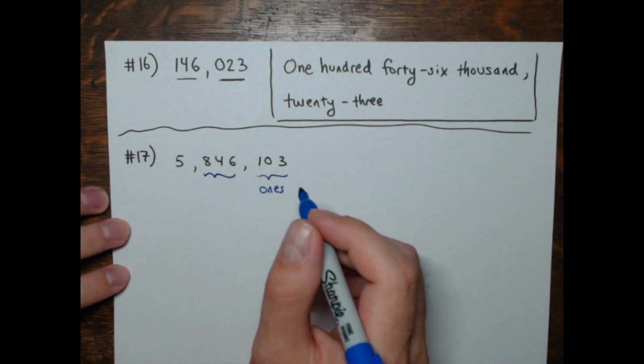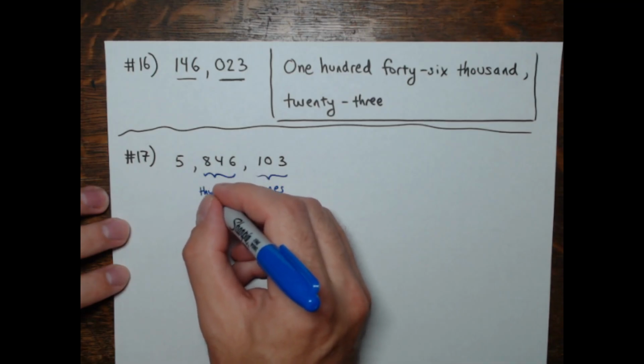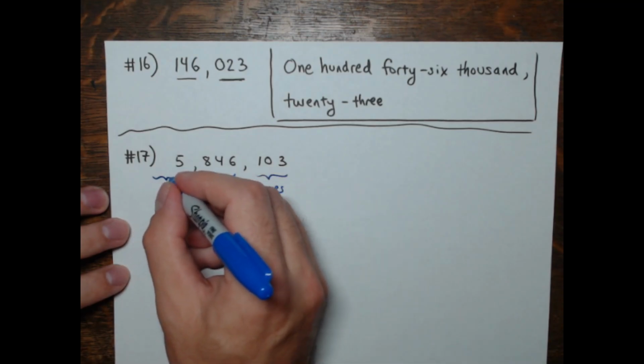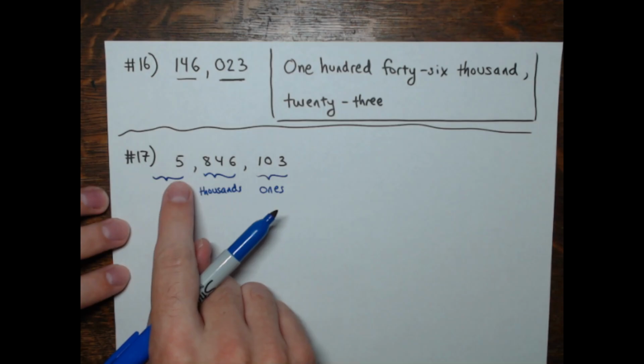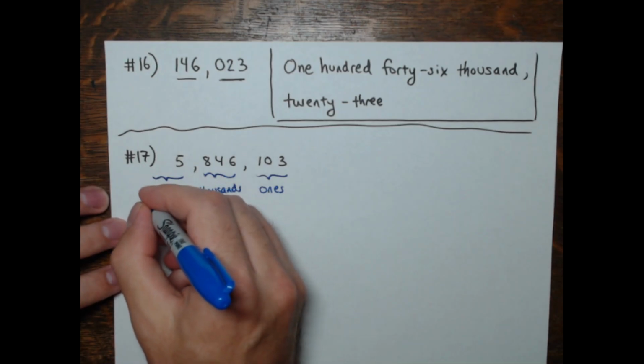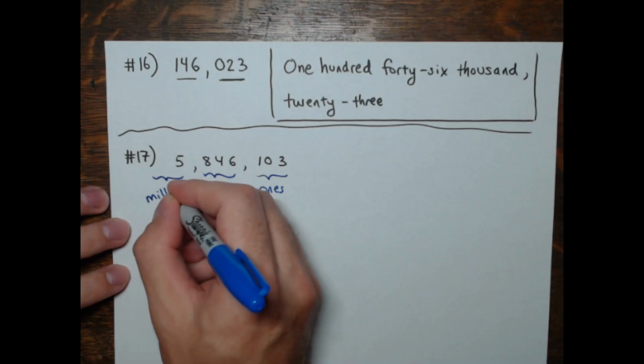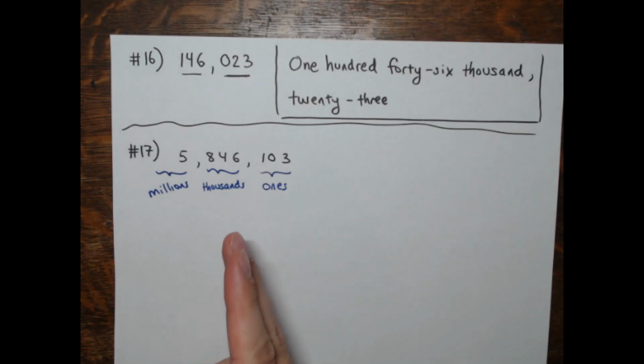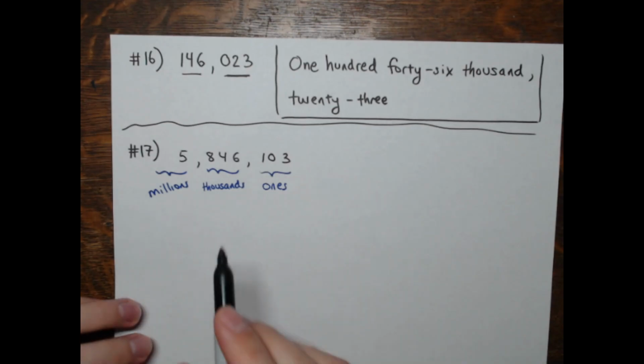Then the next 3 between the commas are the thousands period. And then the next 3, I know there's only 1, would be the millions period. So this is going to be something million, something thousand, something, when I name it in words.